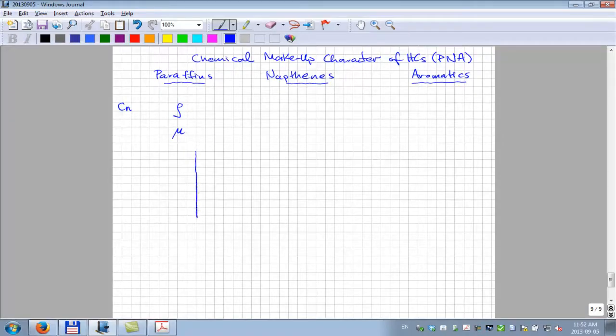And one thing that's known in the industry, particularly refining, is that if you look at single carbon numbers, for example, starting at C7, C6, C7, maybe C10, C20, C30, and so forth, and you look at the relative percentage of, for example, paraffins, then you'll often see a variation in this.